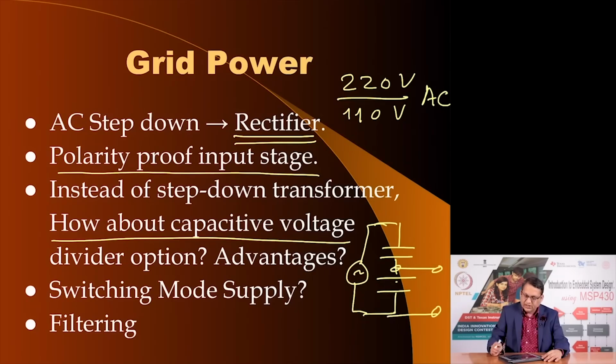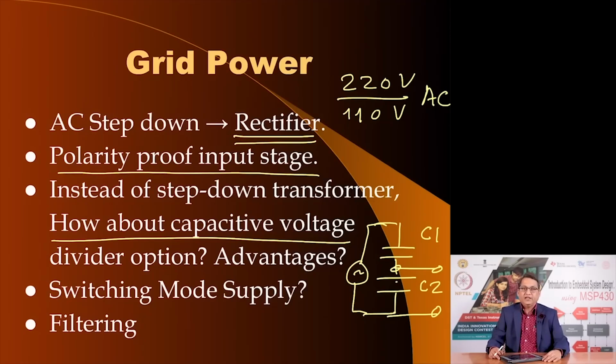Then because the capacitors are reactive components, they do not dissipate any power, I would have a more efficient power supply system. I would ensure the ratio of these two capacitors C1 and C2 is such that the voltage across C2 is within usable limits, and then I would rectify it and I could use it to power my system.